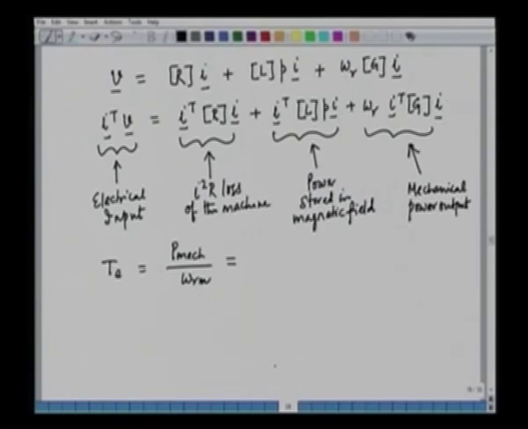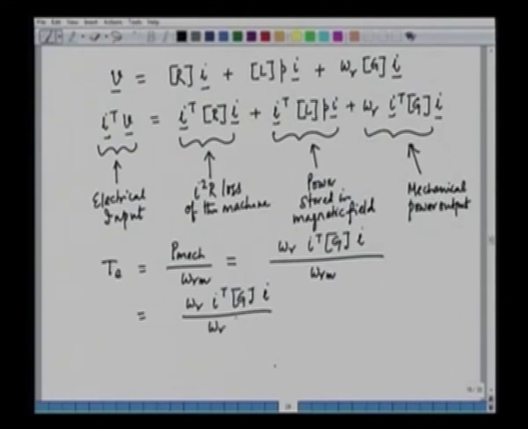So I can say here omega r i transpose G i by omega r m, and that is equal to omega r i transpose G i by omega r by P by 2, which is equal to P by 2 i transpose G i.